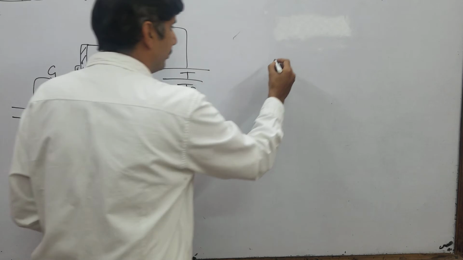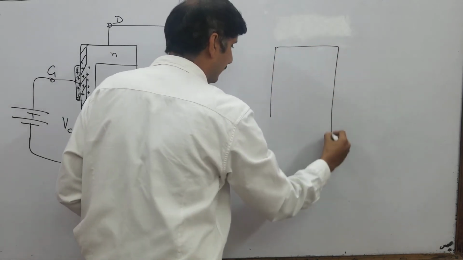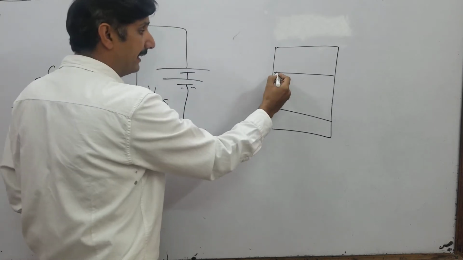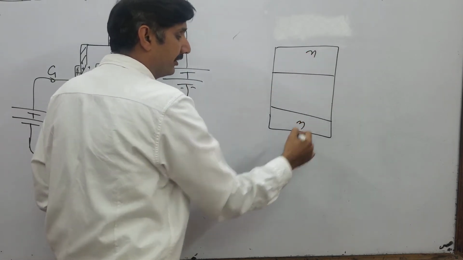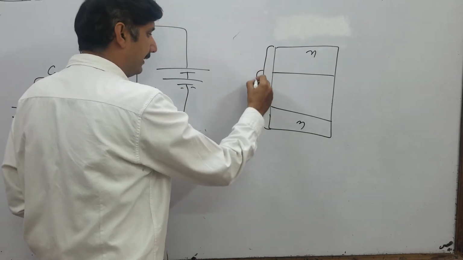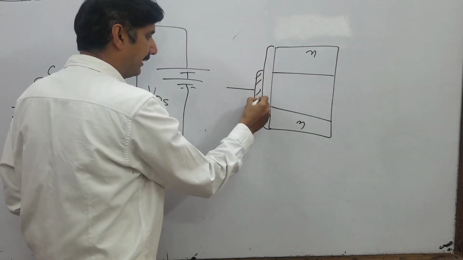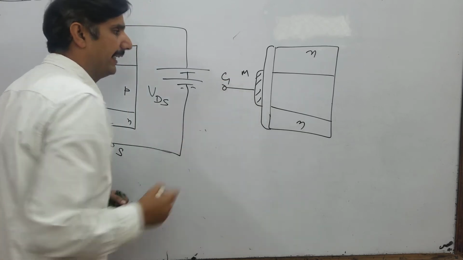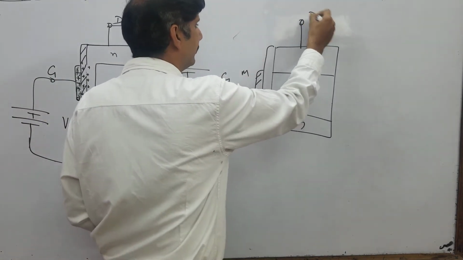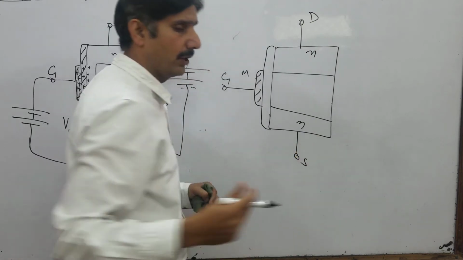Well, I've already told you, there is no physical layer connecting this end to this end. And you have got an insulating layer, a gate, this is metal, and you have got gate voltage. This is an N-channel MOSFET, this is source, this is drain. Now what will happen?